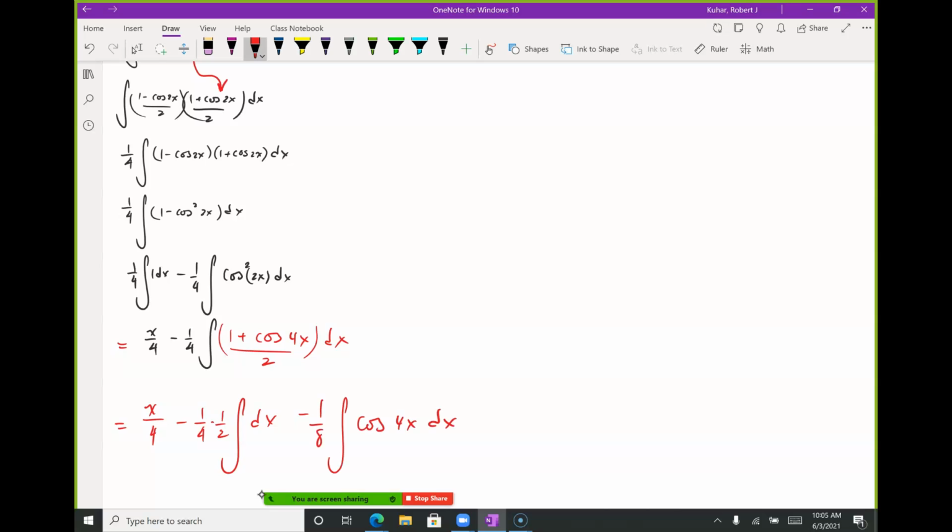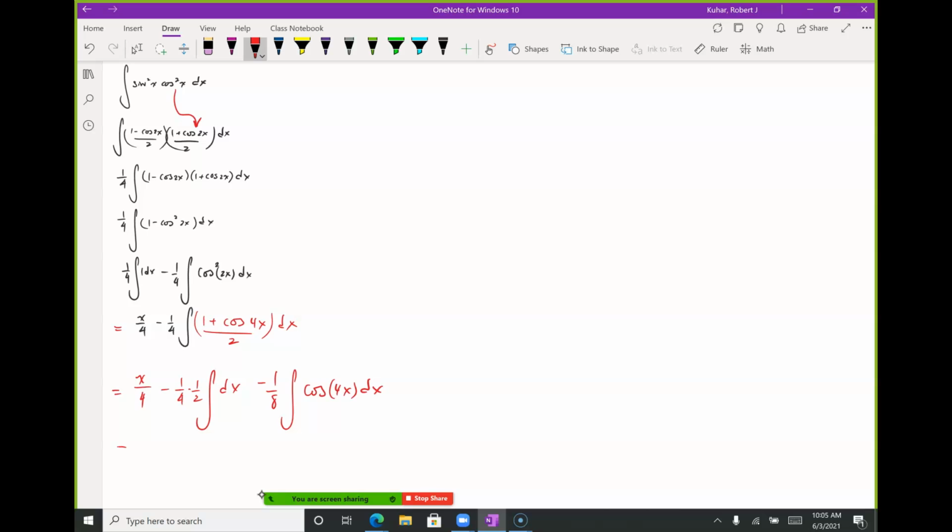And I'm just splitting, right? I'm just distributing, dividing and conquering kind of thing. So I have an x over 4 minus an x over 8 minus 1/8 of the integral of cos of 4x dx. And so obviously I need a 4, right?